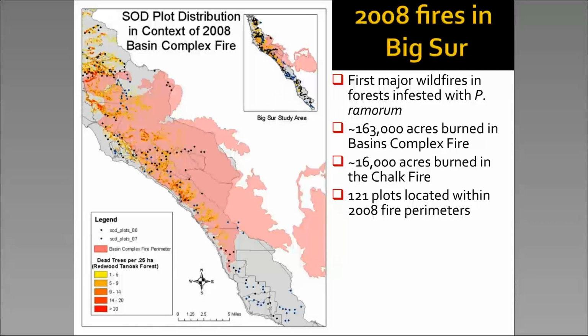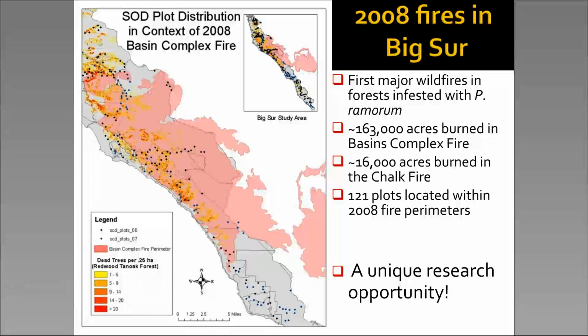And then there was a smaller fire that started in September to the south of the Basin Complex perimeter, called the Chalk Fire, and that burned an additional 16,000 acres. In all, 121 of the 280 plots in the Big Sur plot network were located inside of the fire perimeters. So all in all, this worked out to be a really unique research opportunity.